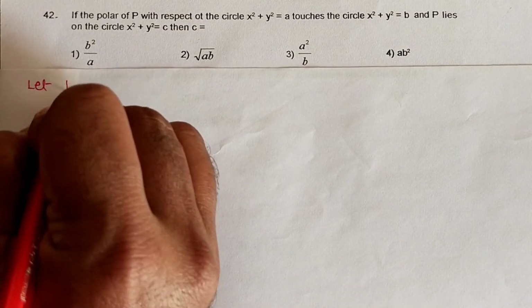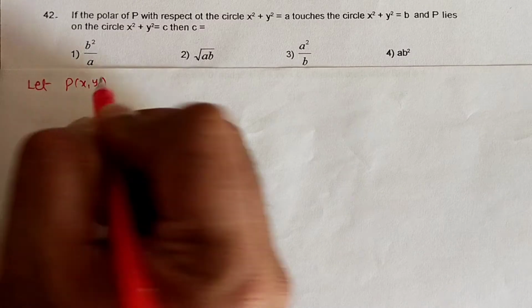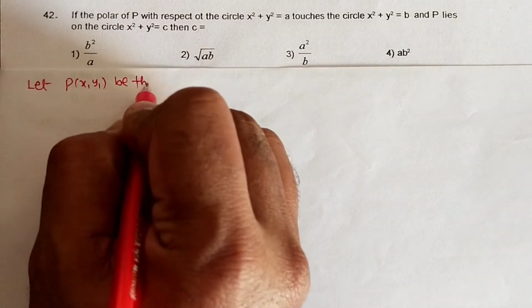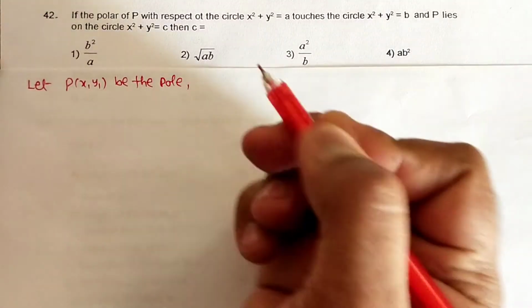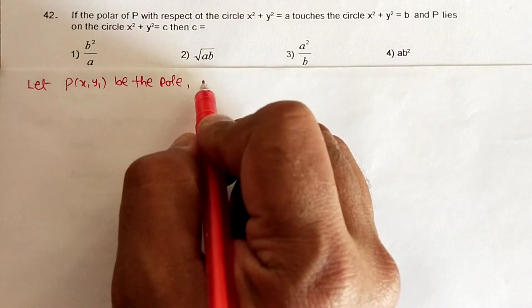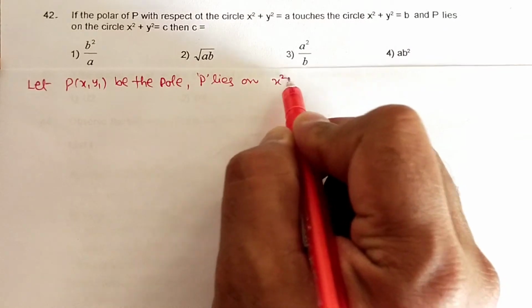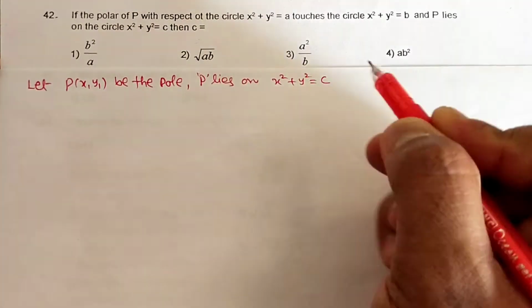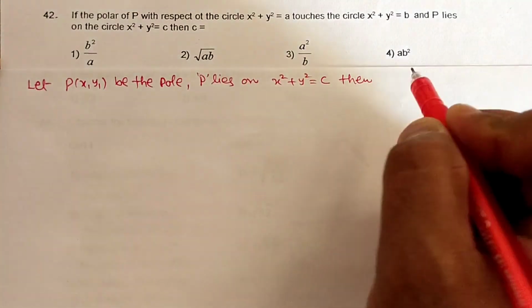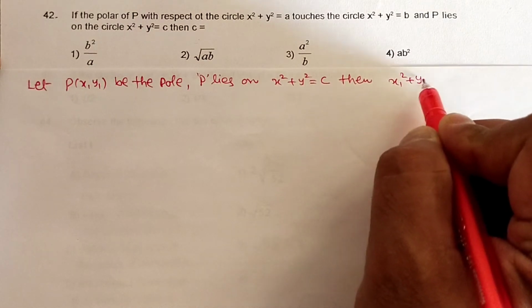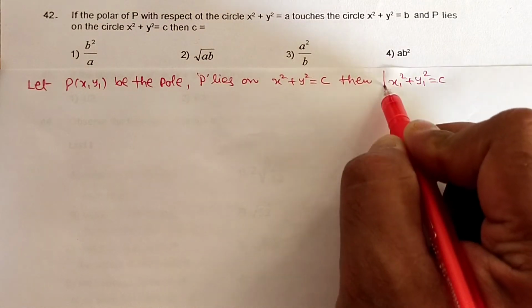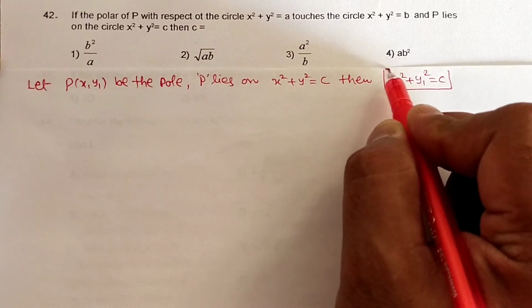Let P(x1, y1) be the pole, and P lies on x² + y² = c, they said. Then we have the result x1² + y1² = c. You put it in a box, this result we'll use in the coming steps.